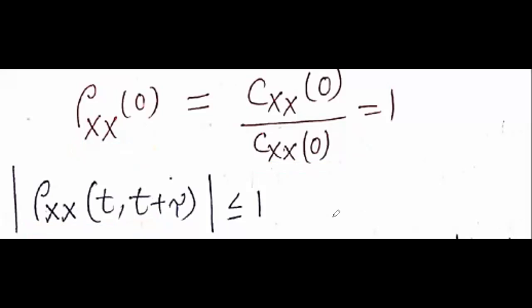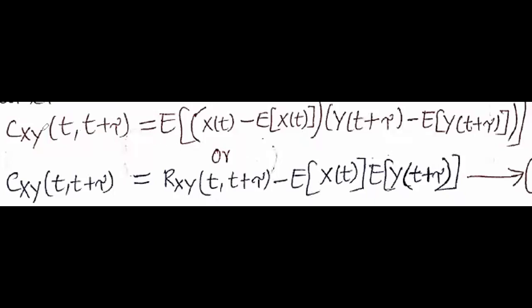Now let us consider two random processes, X of t and Y of t, with random variables X of t and Y of t plus tau. Then the cross covariance function is represented by this equation: the expected value of X of t minus E of X of t, times Y of t plus tau minus E of Y of t plus tau.